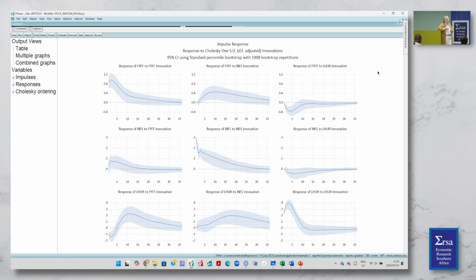Here is one where we're interested: how does inflation respond to an innovation in the interest rate? It's small now, so we can make that bigger. This is where we look at how inflation responds to federal funds, and here how unemployment responds to a federal funds innovation.